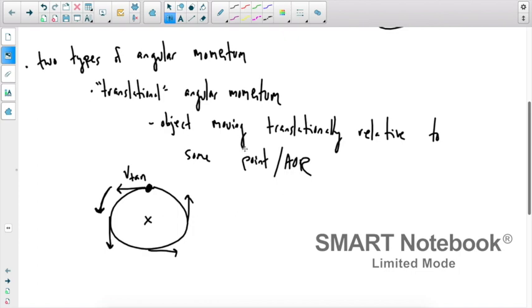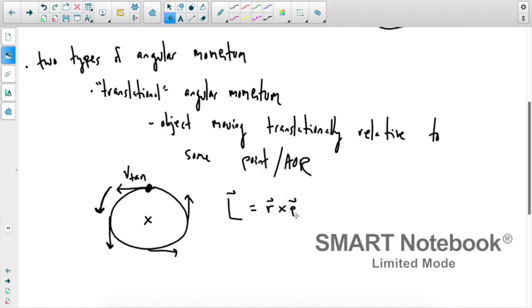So here's the equation for this type of angular momentum. First of all, L is the letter that we give to angular momentum. And for this definition, we're going to use this equation, r cross p. It is another cross product, a vector product of, once again, our r vector, and then p, which you guys know as regular translational momentum.